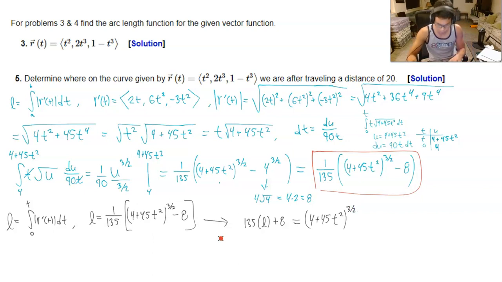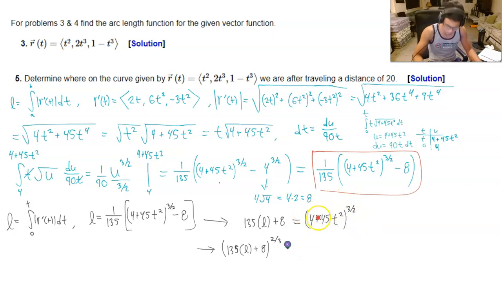Okay, so then if you want to go a step farther, you want this exponent to go away. So you can do (135L plus 8) to the 2/3 power, and that is equal to 4 plus 45t squared. But let's go a step farther.